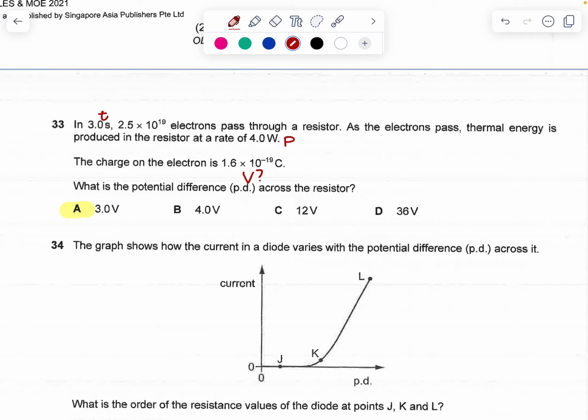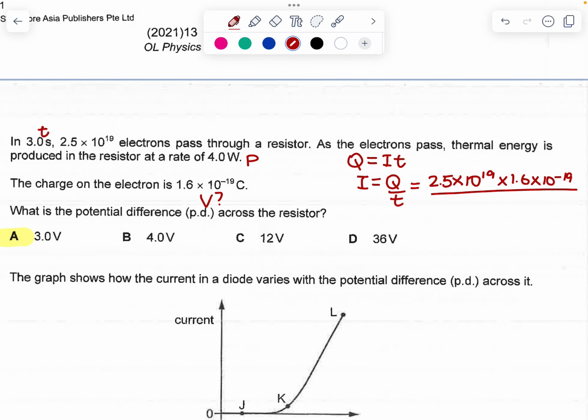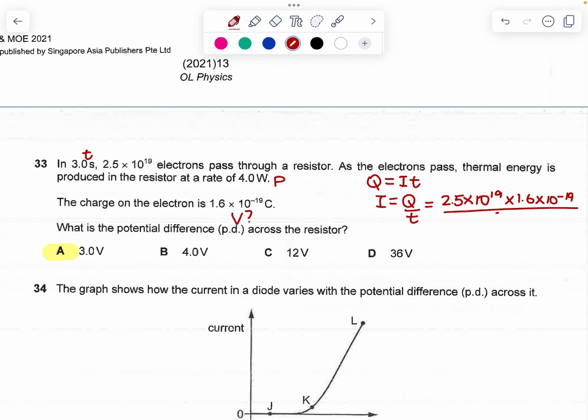Okay, so you use the formula Q equals to IT to get I. I is equals to Q over T. This time the charge is 2.5 times 10 to the power of 19 electrons times the electron's charge, which is 1.6 times 10 to the power of minus 19, over the time, which is 3 seconds.